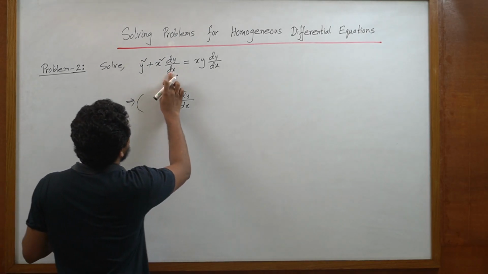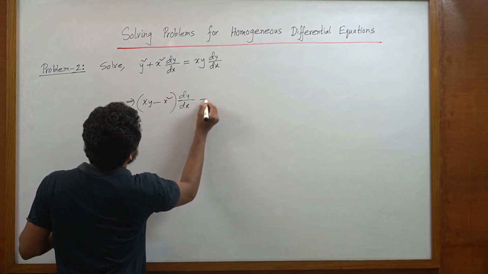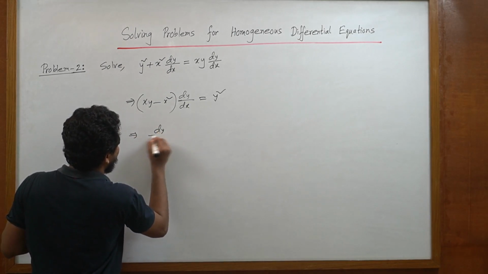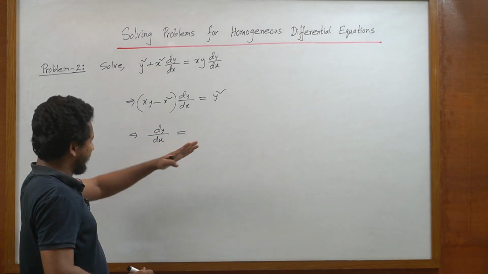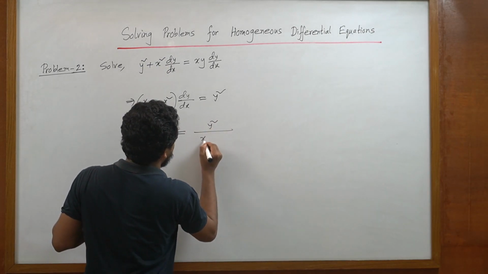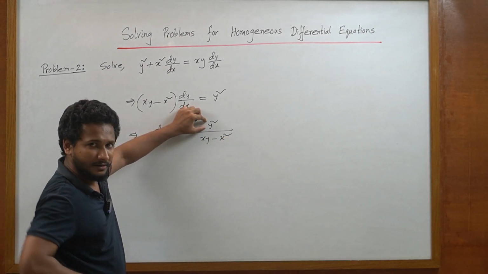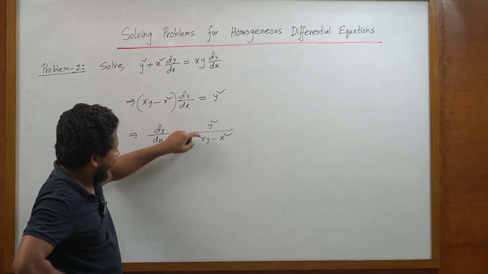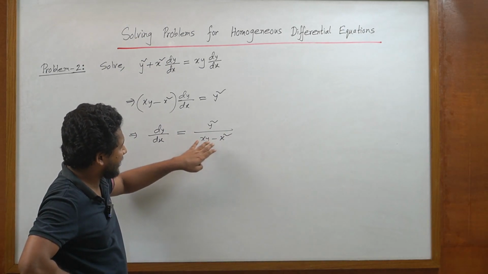So dy/dx (xy − x²) = y². So we kept dy/dx at the left-hand side, and on the other side y²/(xy − x²). Now this numerator's degree is 2, and this denominator's every term's degree is 2.